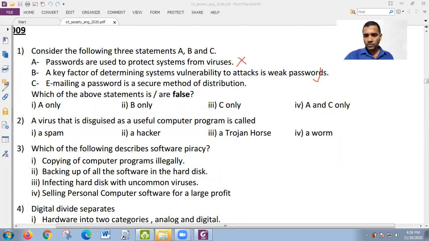Next one. C. Emailing a password is a secure method of distribution. Right? No, you cannot email any passwords, right? So assume that you want to send your email password to your brother or sister.